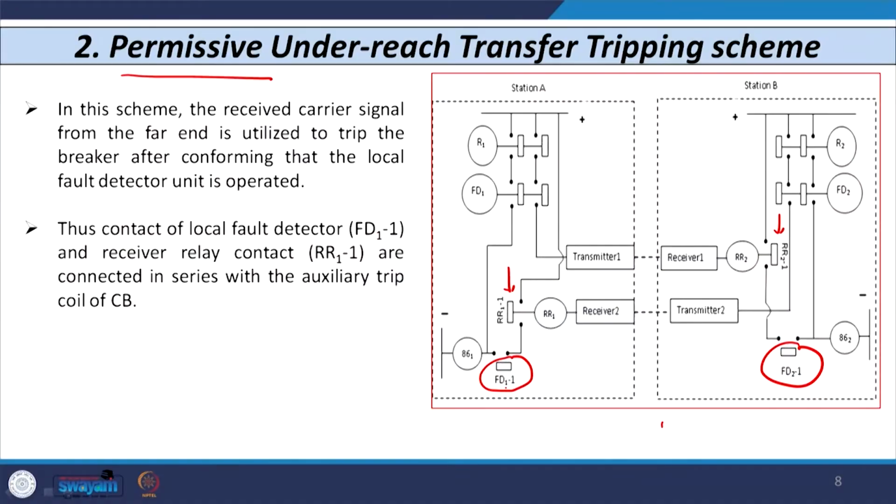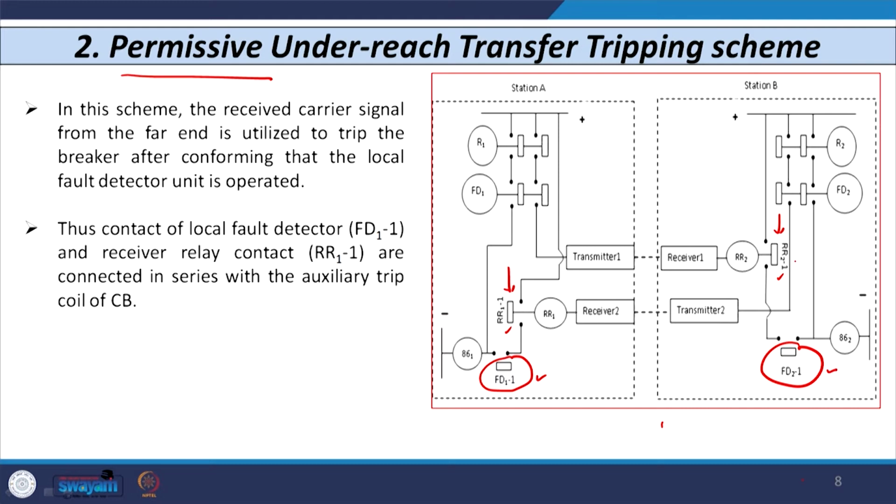In this scheme, the contact of fault detector unit 1 at substation A and the contact of the fault detector unit at substation B are connected in series with the contact of receiver relay 1 and receiver relay 2 respectively.